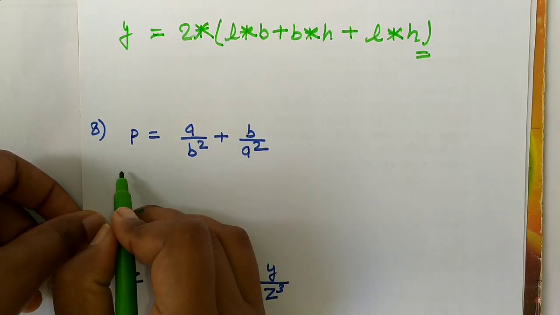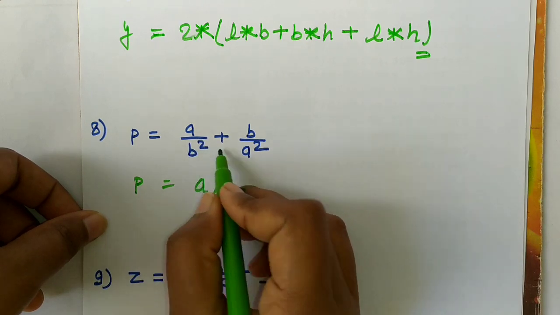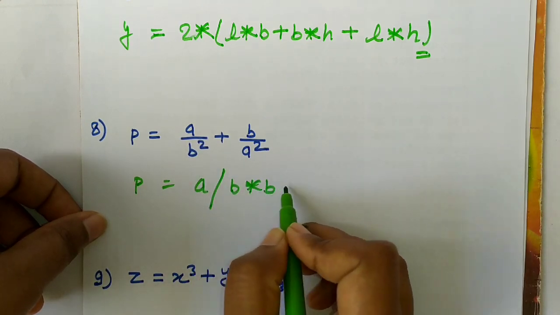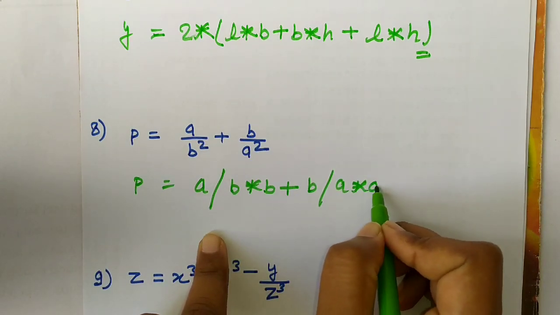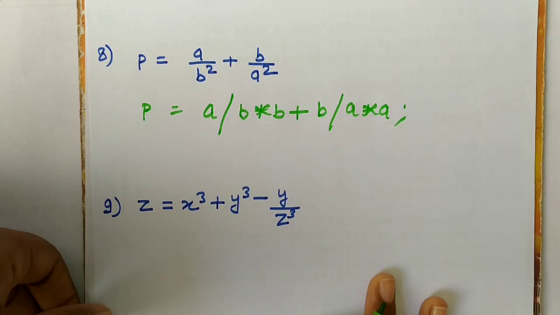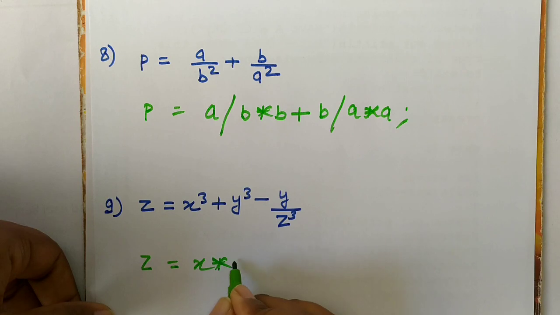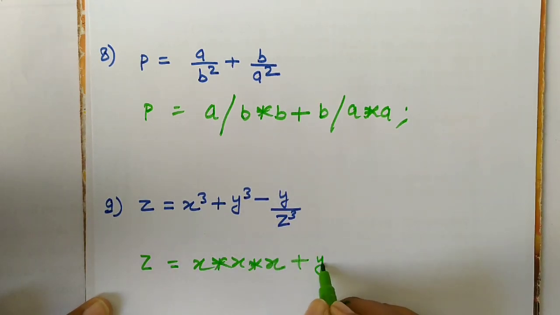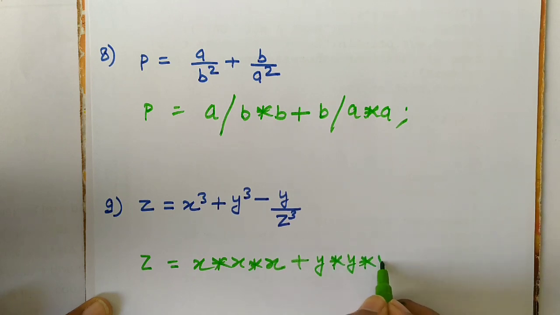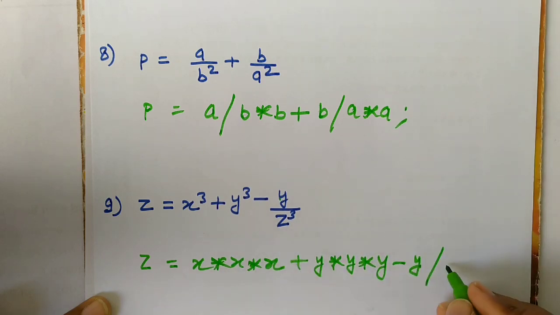Next one is p = a by b square plus b by a square, that is a / (b * b) + b / (a * a). Next one is z = x cube plus y cube minus y, divided by z cube, so we have to write z three times.